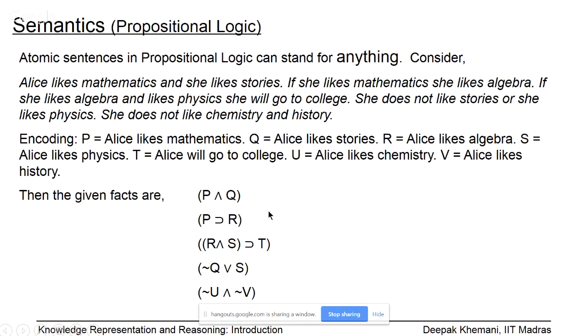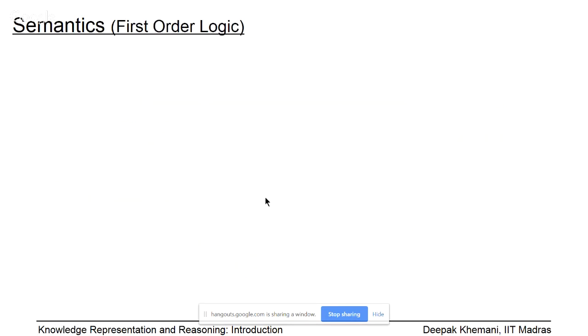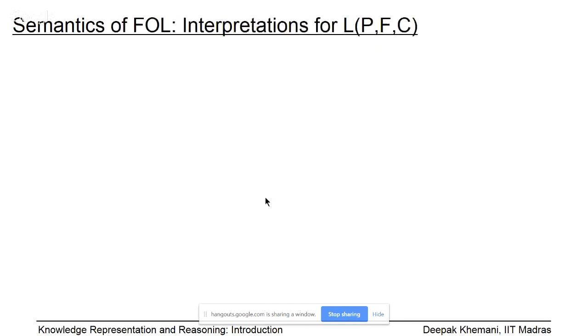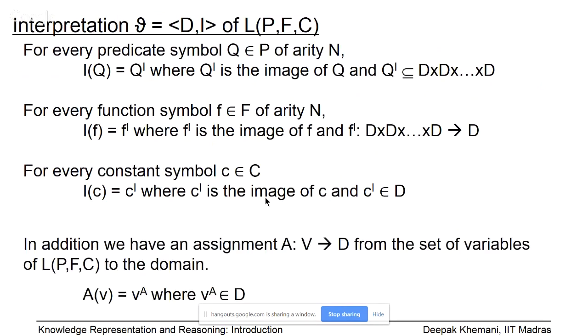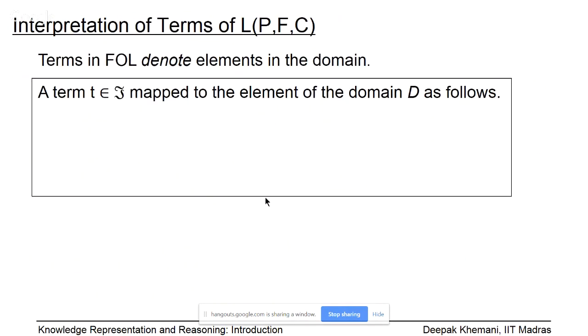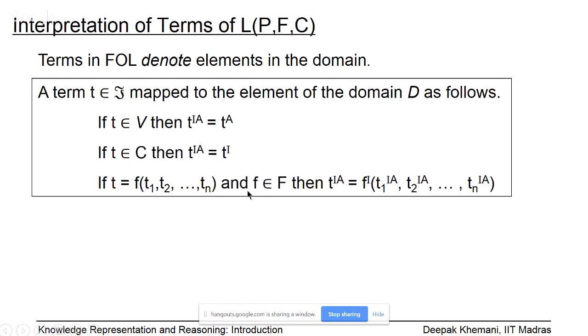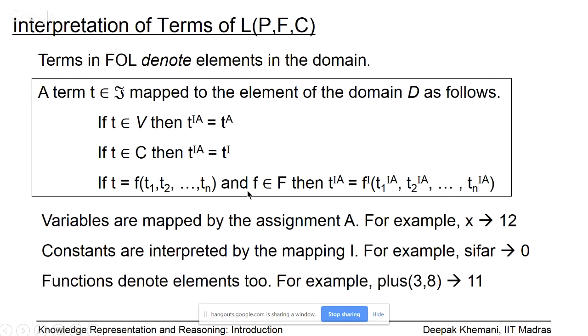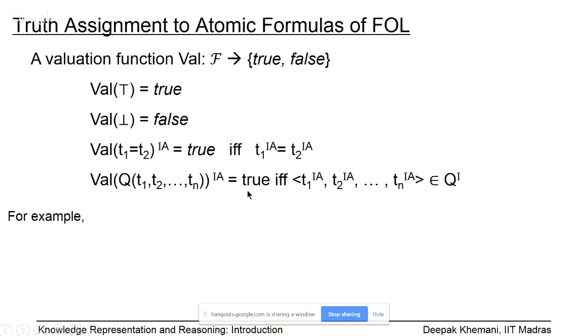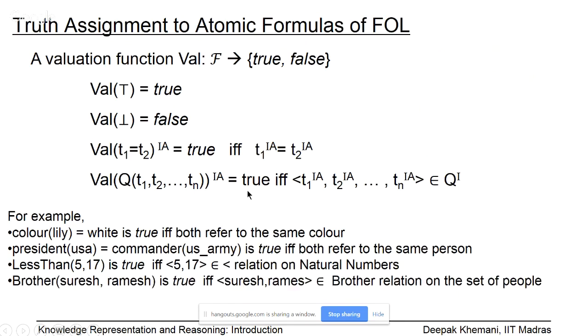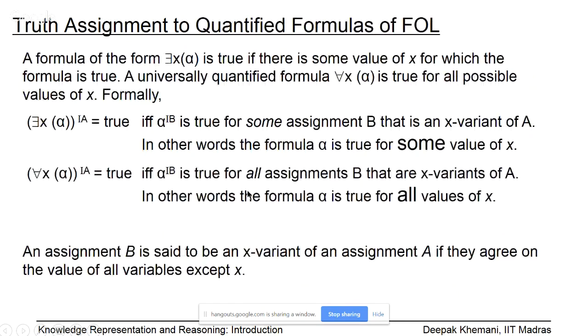In propositional logic we said there is no semantics, we just have a set of symbols, and in first order logic we have something called interpretation, which I will skip over for the moment. We'll come back to interpretation when we talk about incompleteness of first order logic, or certain algorithms in first order logic, and we know how to assign truth values to formulas.